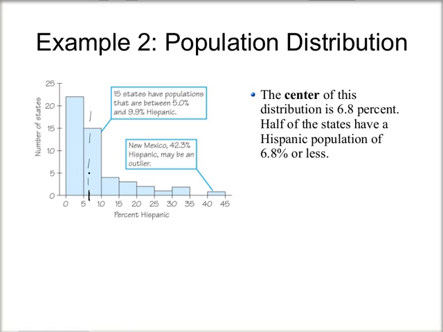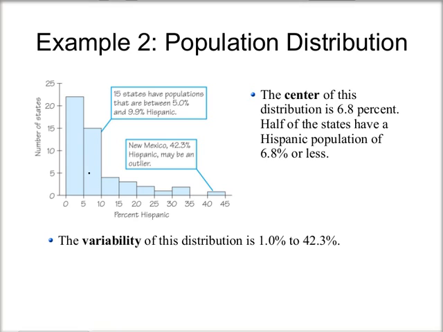What about variability? Well, remember that we said the state with the lowest percent of Hispanic population was Maine with 1.0%, and the state with the highest percent was New Mexico with 42.3%. So the variability is from 1.0% to 42.3%.